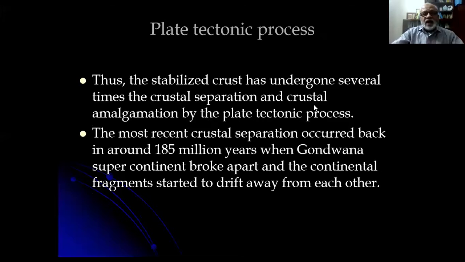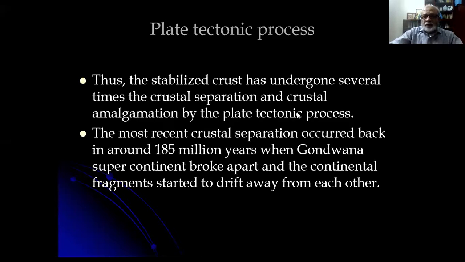Thus the stabilized crust has undergone several times crustal separation and crustal amalgamation. So the stabilized crust, since 2.5 billion years, started to separate. Again, they amalgamated. This is by the process which is known as plate tectonics.